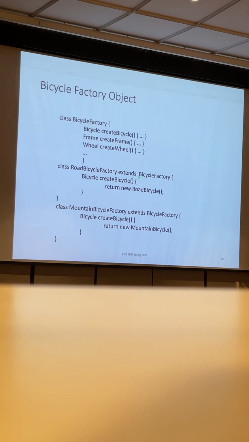And now when we extend this base factory class, bicycle factory, we create specific factories: road bicycle factory, mountain bicycle factory. And in these subclasses, we override the factory methods like create bicycle in mountain bicycle factory.